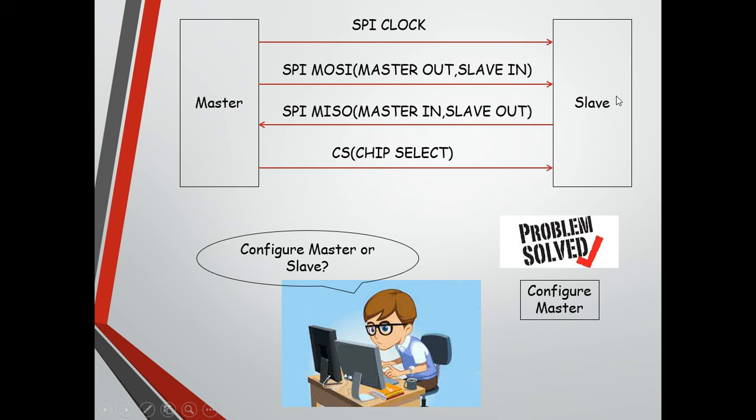In order to use these slave devices, that means to use that memory chip or analog to digital converter IC, we have to program our master, we have to configure our master according to the configuration of the slave, which is set by the manufacturer of the slave. By configuration I mean the SPI clock polarity and phase and the SPI frequency of the slave device.